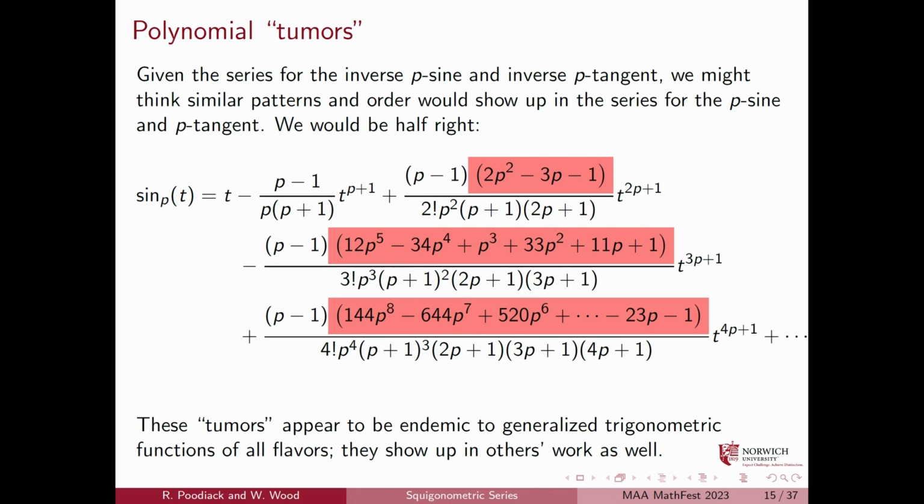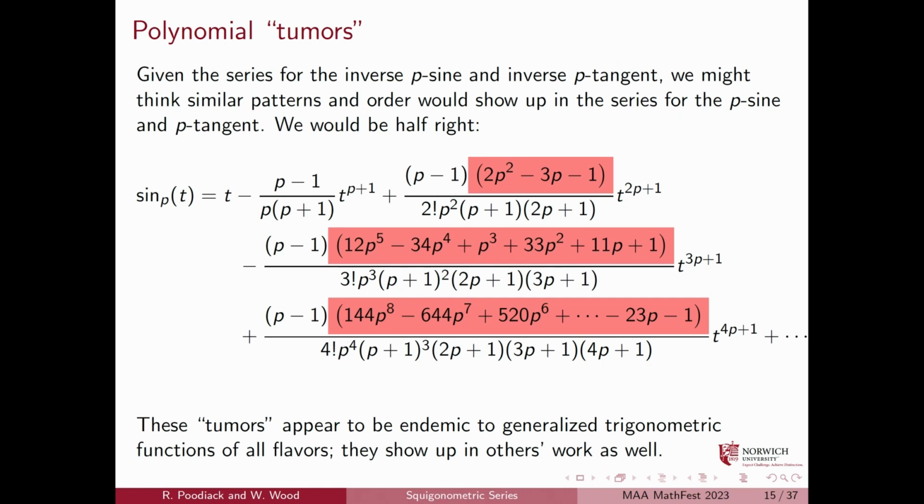And I can tell you, I have no idea of the pattern of those. And the weird part is different people have done different versions of generalized trigonometric functions like these. And these tumors, when they go to derive their series, appear to be endemic to the topic. They just keep popping up.